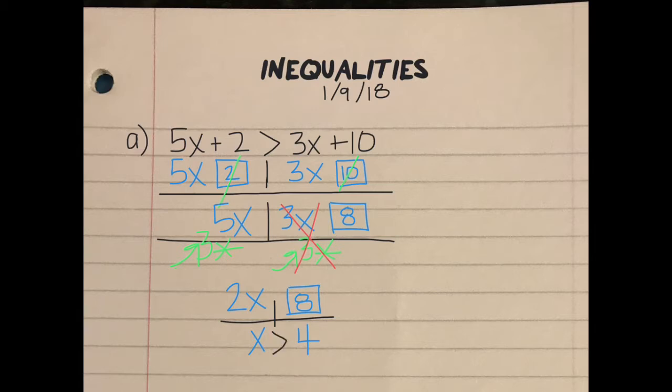Now I've got to graph this. So what I need to do is make a number line that is big enough to have about 3 to 5 hash marks on it. I've got to make sure that I have the most important number of this particular problem on there, which is 4.